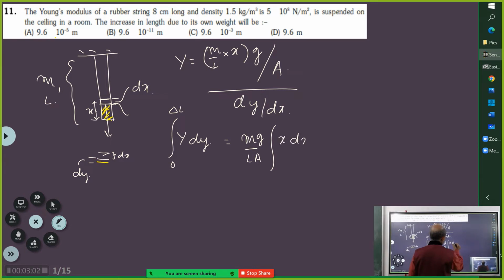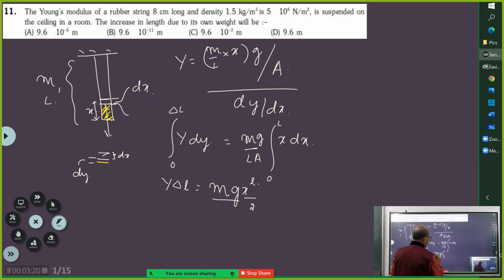So here x will go from 0 to L. Integrated, you will get Y into delta L is equal to M g, x square by 2, and of course L A will be there, from 0 to L.